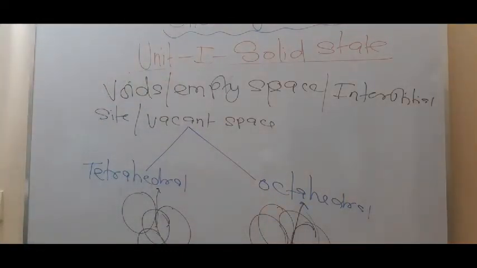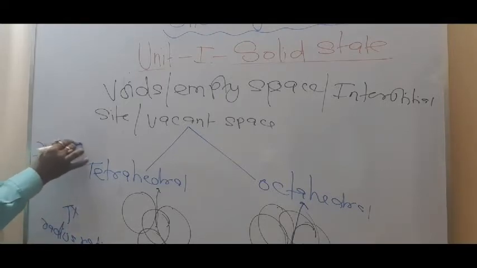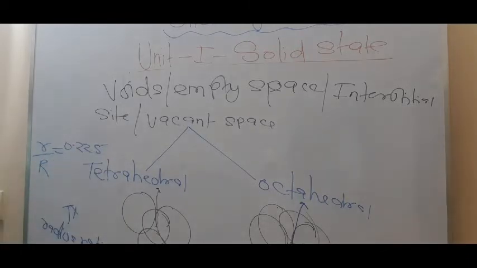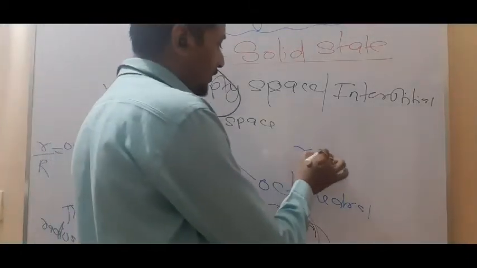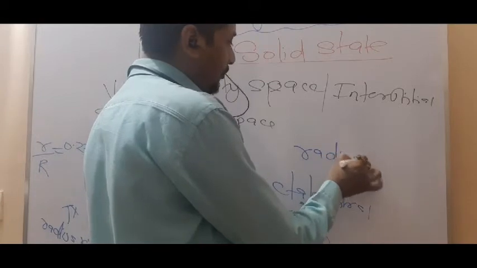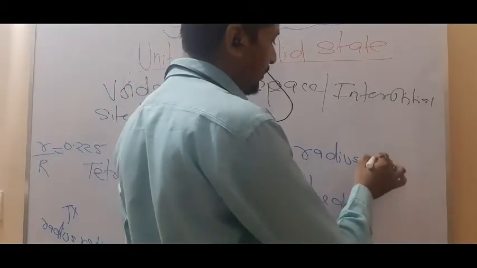In this case, what you have to know is the radius ratio. So radius ratio. So this will be equal to, what happens? r by capital R equals 0.225, and for this the radius ratio. Sometimes a question asks about the radius ratio.